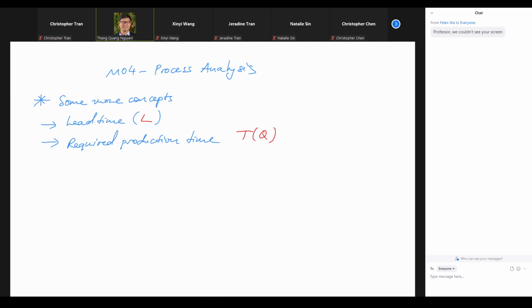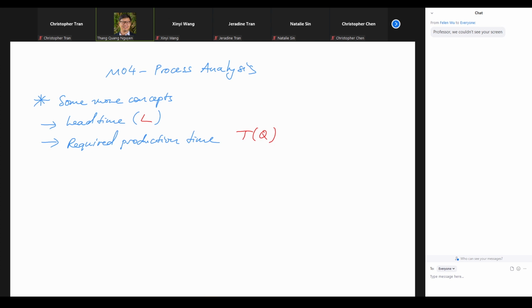So as a manager now, you see that there's an order of 20 pizzas. You will need to calculate how long it takes to cook the 20 pizzas, right? If the customer wants the pizza by noon, then you have to start the cooking process at the right time, so that by noon you have the pizza ready to deliver or to give to the customers, right?